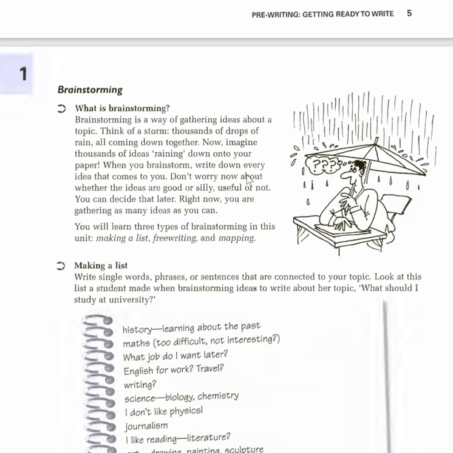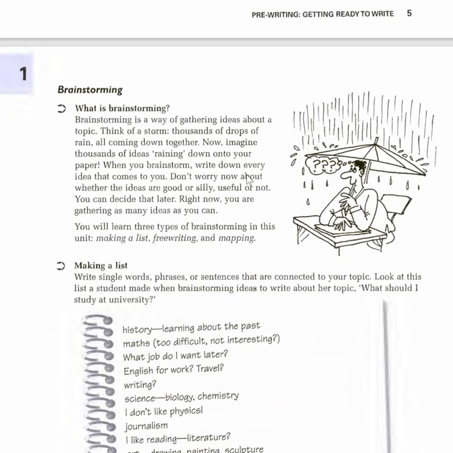Before you start writing, you need to do brainstorming, which means gathering as many ideas as possible about your topic. First, you choose a topic; second, you narrow it; the third step is that you have to do the brainstorming.